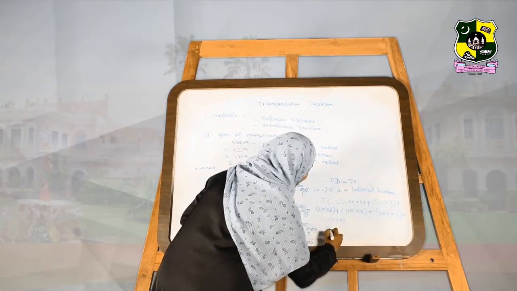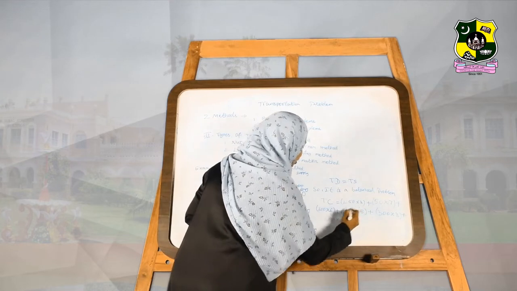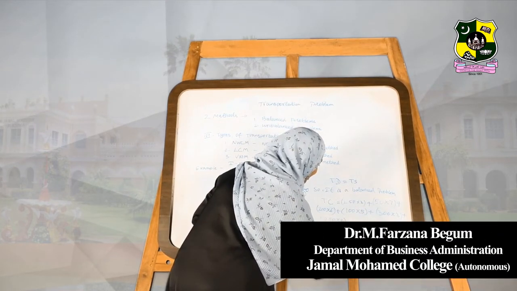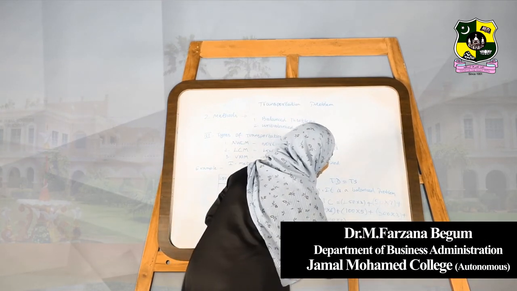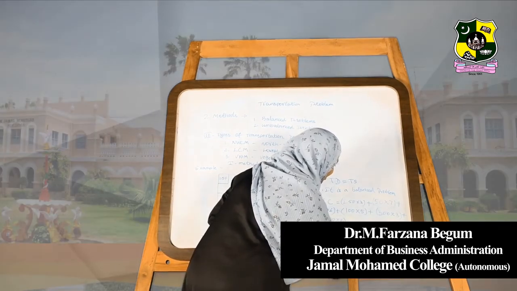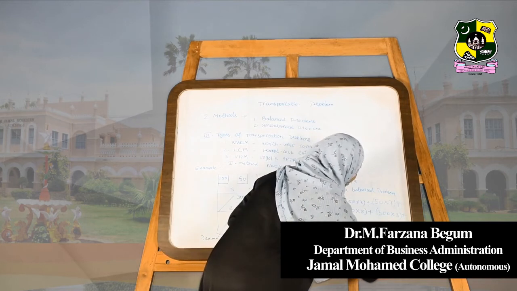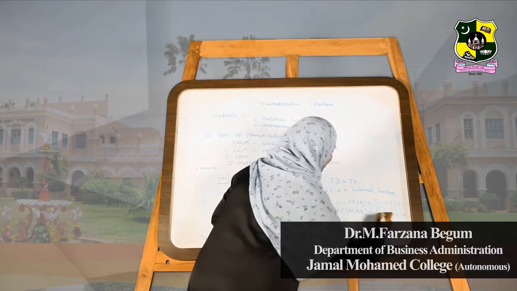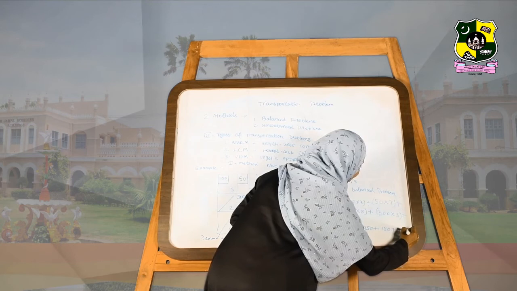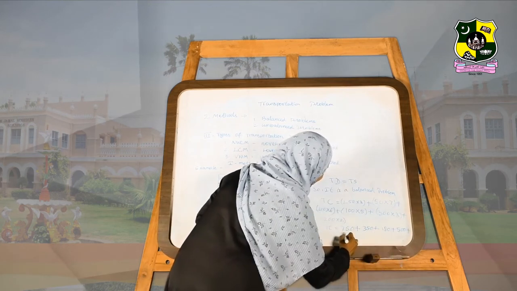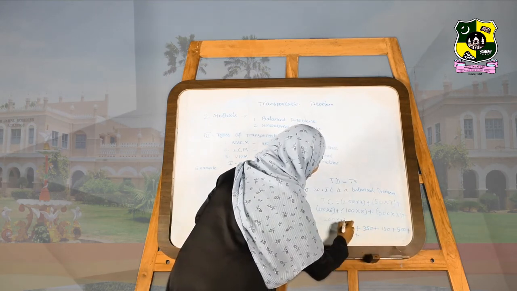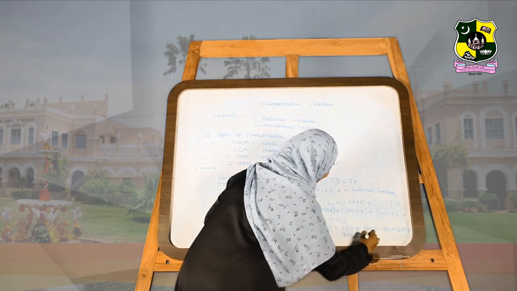So the transportation cost is 250 into 3, which is 750, plus 50 into 7, 350, plus 300 into 6, 1800, plus 100 into 5, 500, plus 300 into 3, 900, plus 200 into 2, 400.